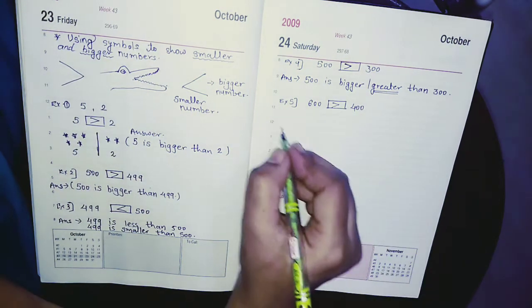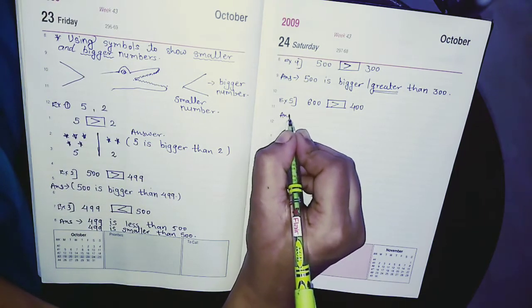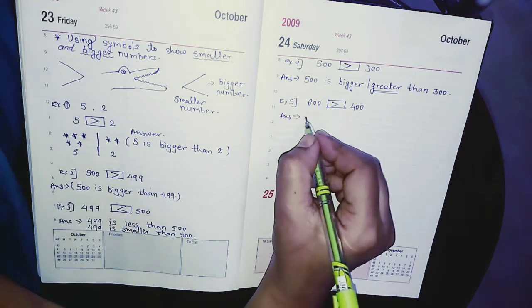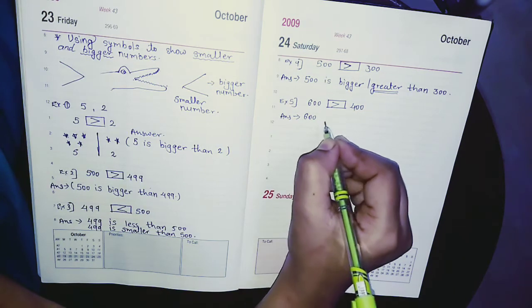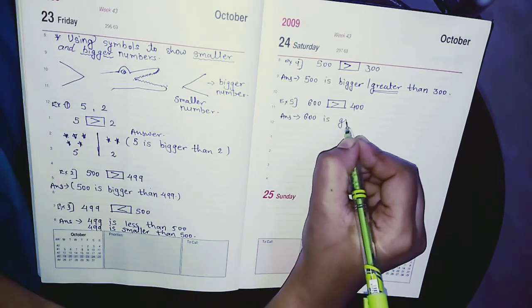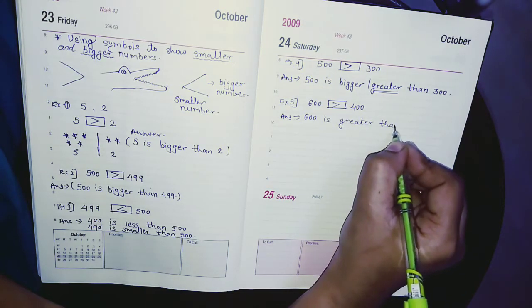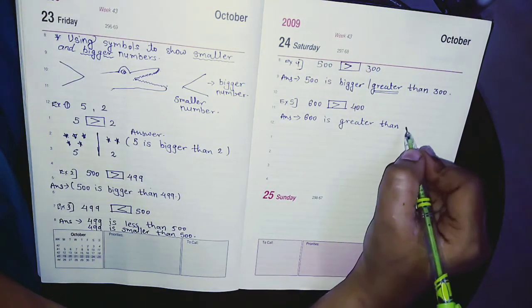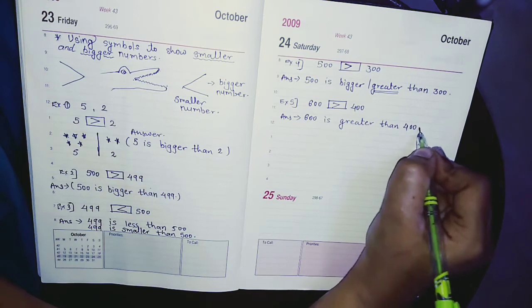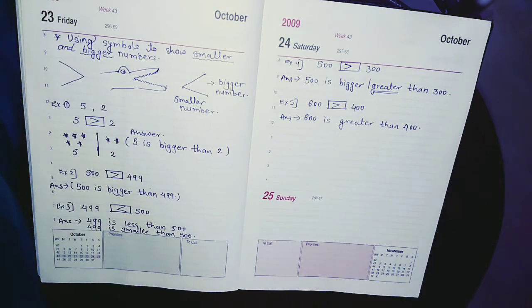So in words we can write it as 600 is greater than 400. That's how that should be written.